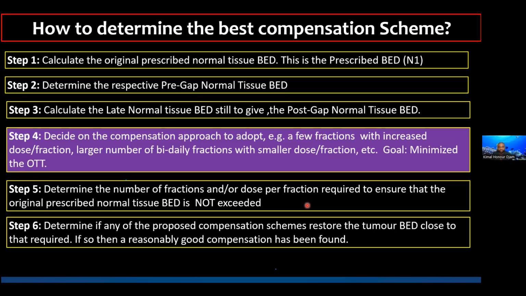Now, remember that the linear quadratic model incorporates tumor proliferation adjustments, which is based on experimental data. And this model is very sensitive or dependent on the different sensitivities of tumors and normal tissues. In other words, it depends on the alpha beta values that we use.